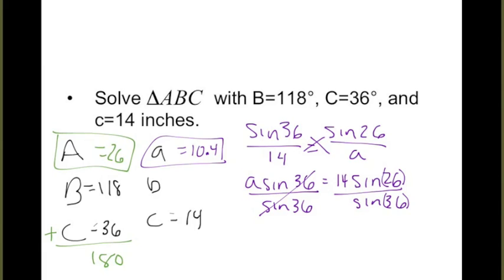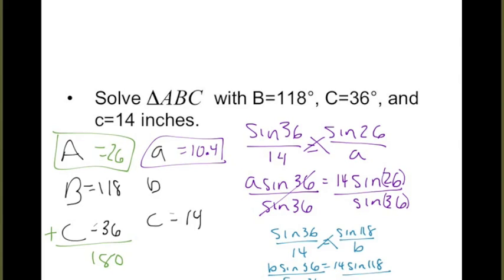Then to find our third side, we do exactly the same thing. Going back to the pair of letter C, where we were given both pieces of information, but then doing sine of 118 over B. I'm going to cross multiply, and divide out by sine 36.